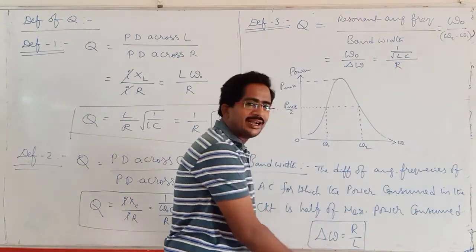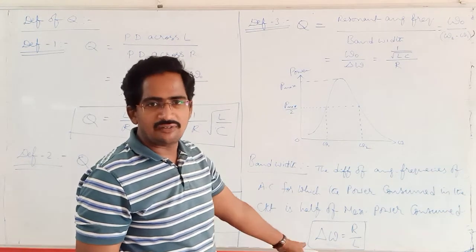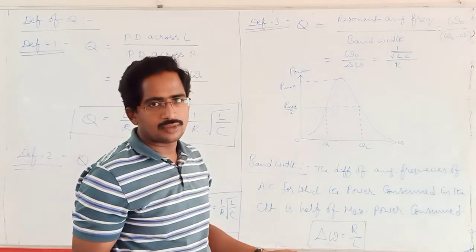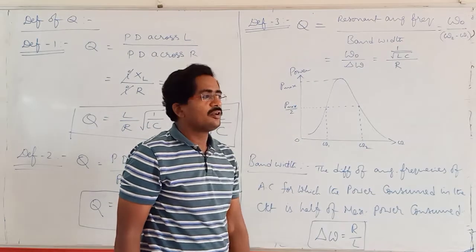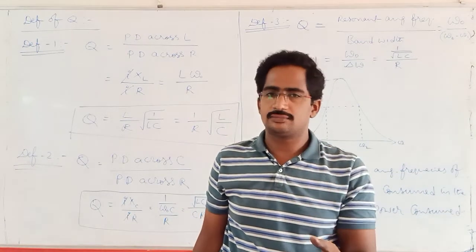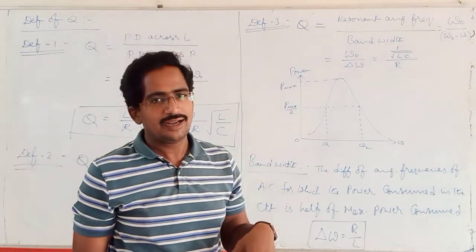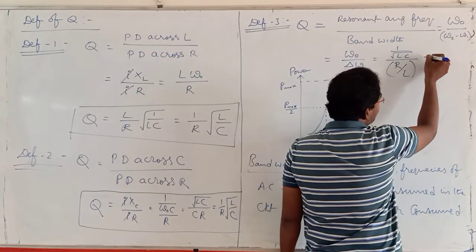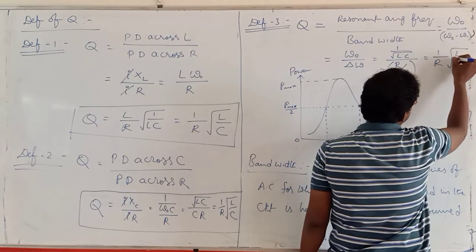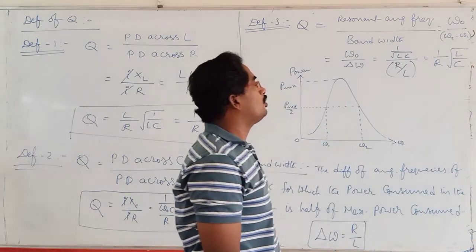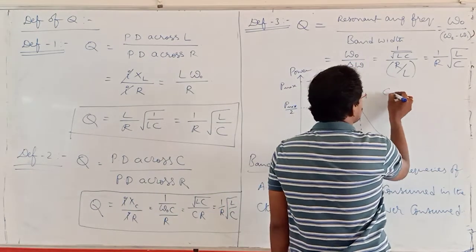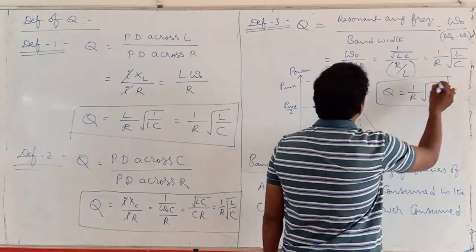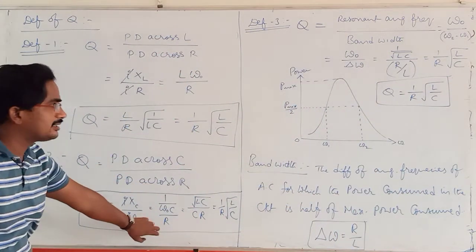If you want to see the derivation, I will send it to you if you ask me on WhatsApp. But it's not necessary, and I don't want to waste your time. What about this value, R by L? The value is equal to 1 by R root L by C. So finally, the Q formula will be the same as in the first and second definitions.